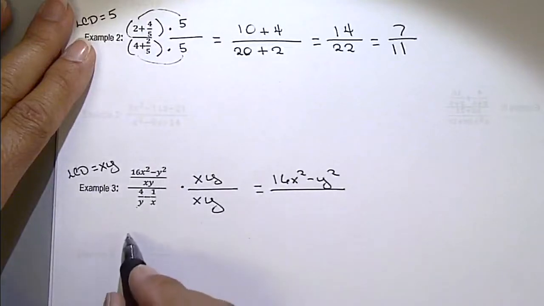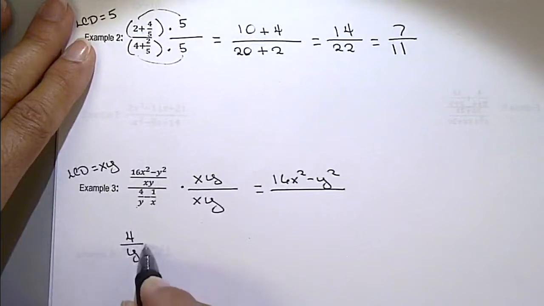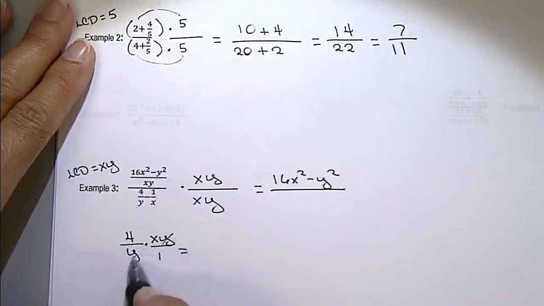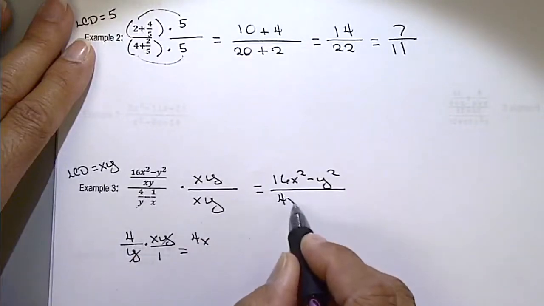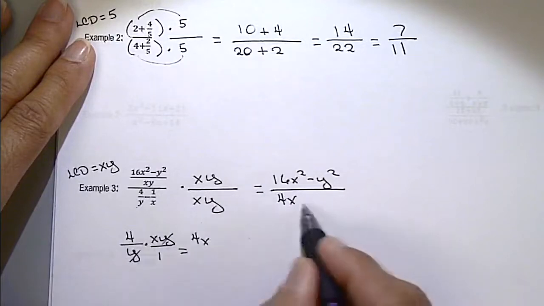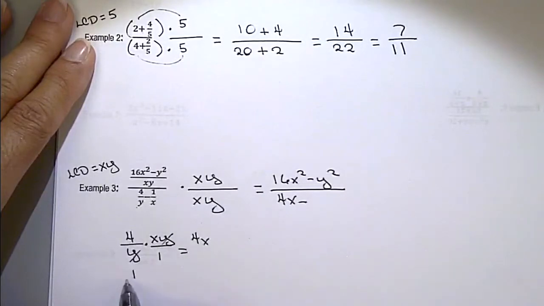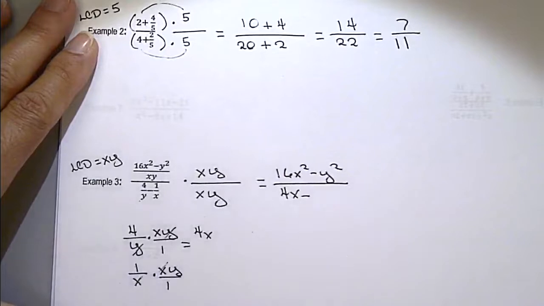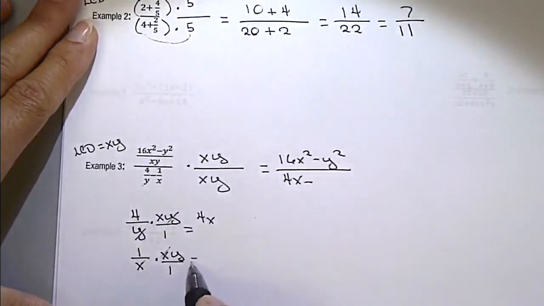I might have to come down and write it down separately. I say 4 over y times xy is going to give me 4x, right? Okay, so that first one came out to be 4x. I say, it's going to be minus, I'll put it down so I don't forget. I say 1 over x times xy. Well, the x's cancel. And that's going to equal y.